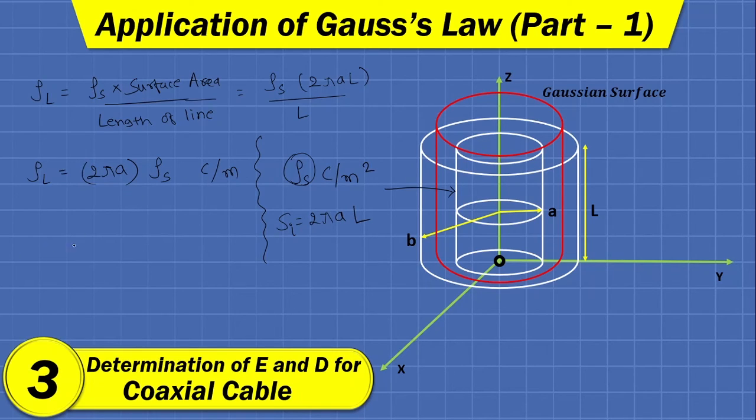Okay, now applying Gauss's law. So Gauss's law states that the charge enclosed is nothing but the closed surface integration of d bar dot ds bar. Okay, so here for the cylindrical surface we have the direction of d bar at right angle to the surface of top and bottom, and we have 0 degree between the differential surface and flux density when we are talking about the curved surface.